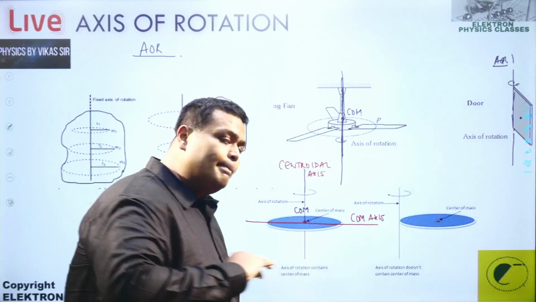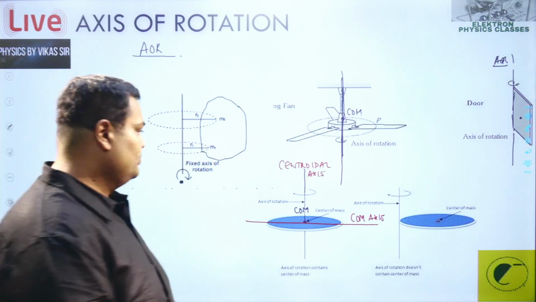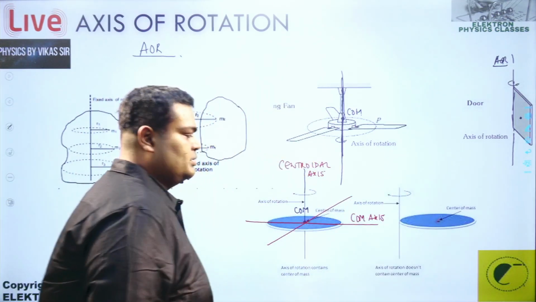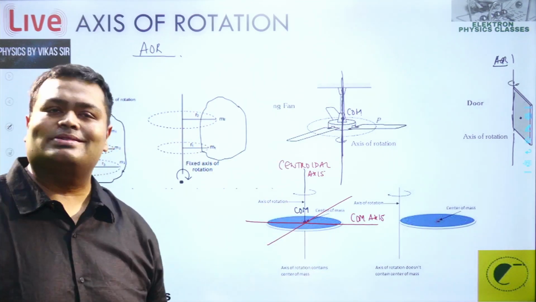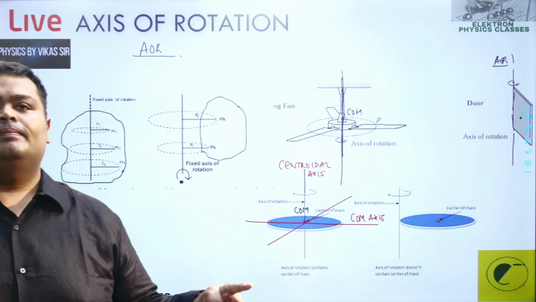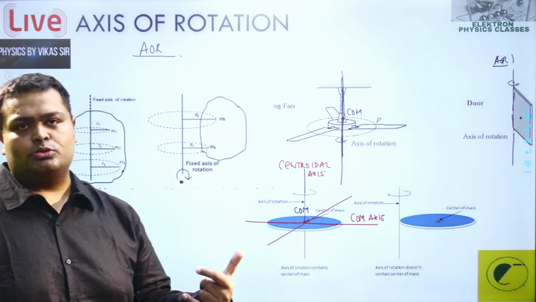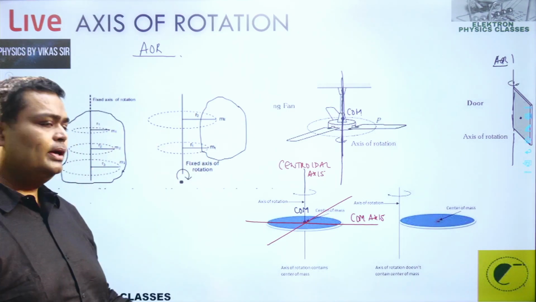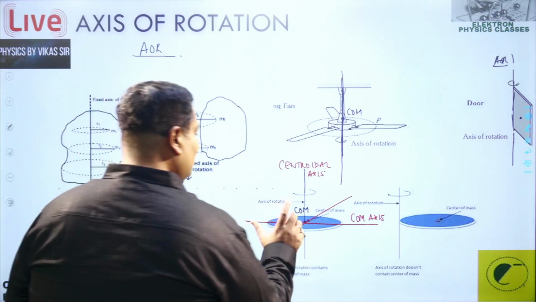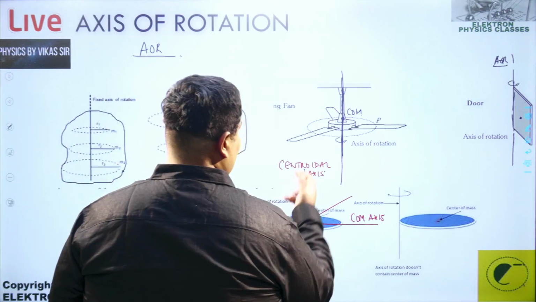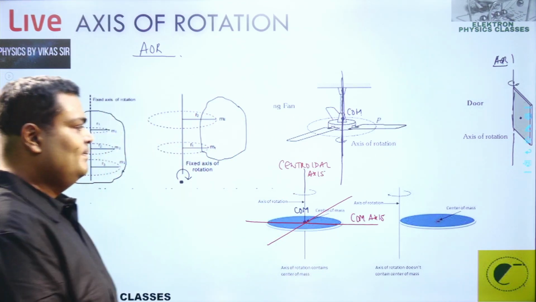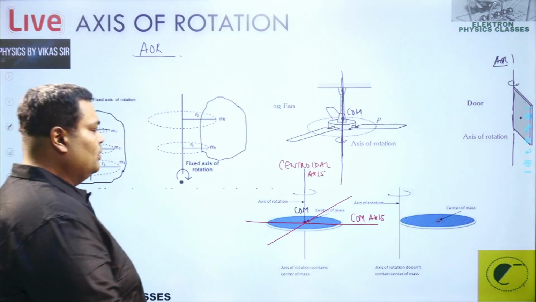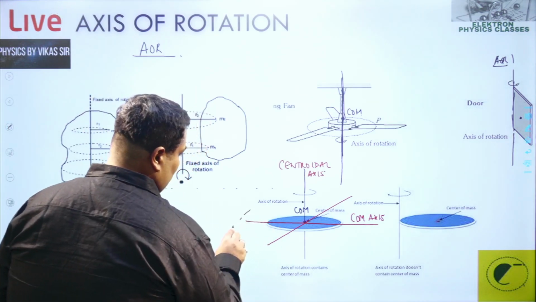So there can be many center of mass axes. In fact, this is another axis which is passing through the center of mass. That's also a COM axis but isn't centroidal. Centroidal had two features: one, definitely passing through the COM, and the second, perpendicular to the plane of the motion. Where is it rotating? It's rotating here, so the axis is perpendicular to it. Correct? Clear? Right, so this is supposed to be the plane.